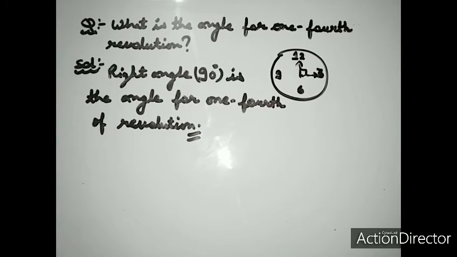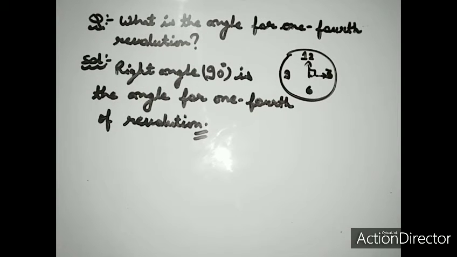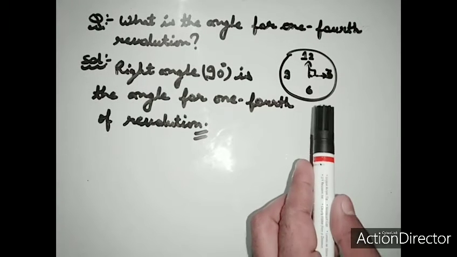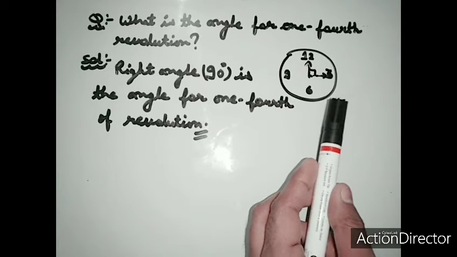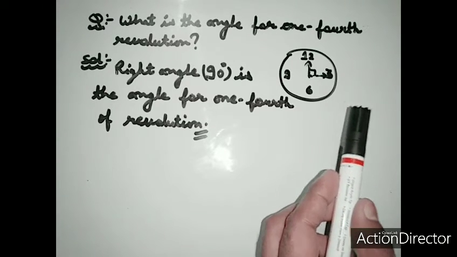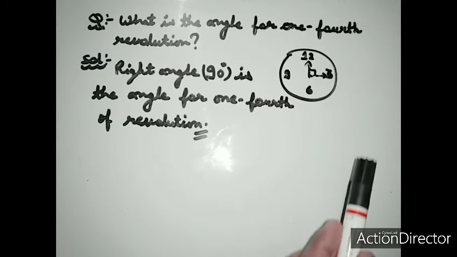Okay students, if you draw a figure of the clock and after that solve the question using the figure of a clock, it helps us to find the exact degree of an angle and how many angles are formed by a clock.